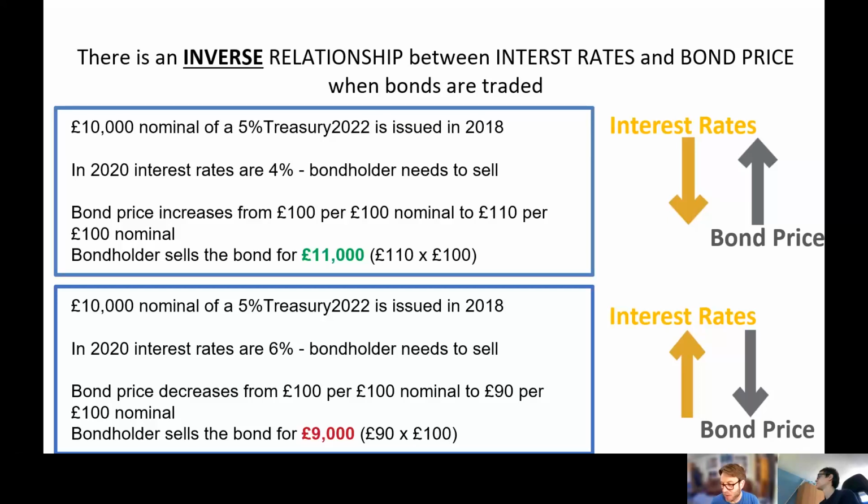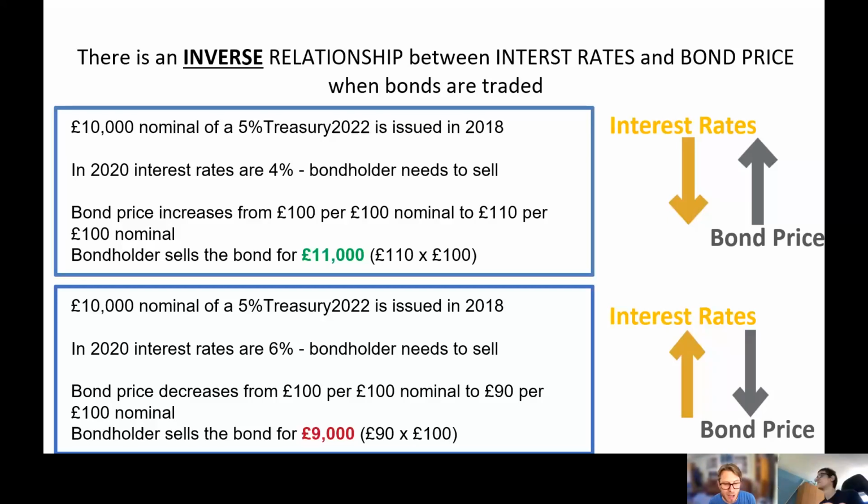As a result, our coupon is offering a lower return on investment compared with new bonds that are being issued or other possible investment options for those investors. Therefore, to make it appealing to investors to buy, we would have to lower the price of our bond.